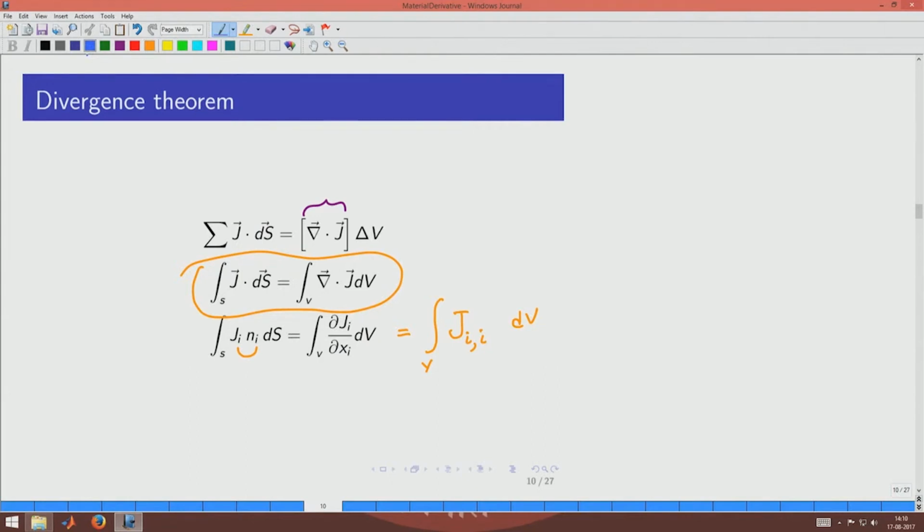So, this is nothing but the divergence theorem. Now, the divergence theorem, when we write it in the subscript notation, allows us to expand it to higher order tensors. So, what we have written here is for a tensor of order 1, namely for a vector quantity j. So, you could then write it also for a tensor of order 2 in the following manner. So, let us say you are looking at sigma ij dS. Now, you would write this as sigma ij, and there is a normal to the surface.